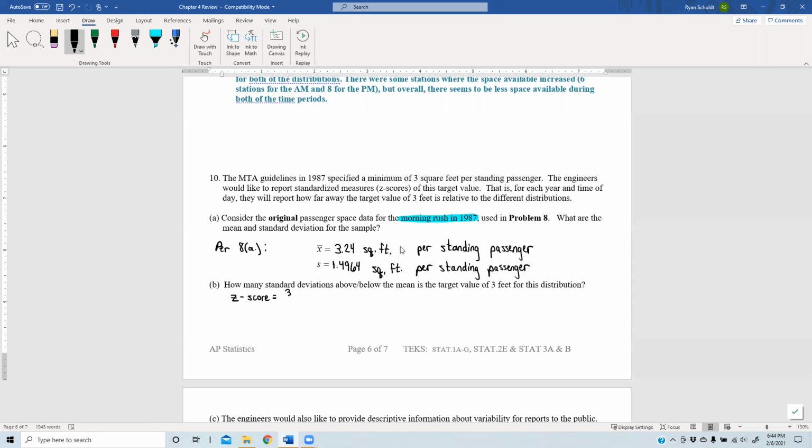We're going to say 3 minus X bar, which is 3.24, divided by 1.4964. If we do that computation, we're going to get negative 0.1604.